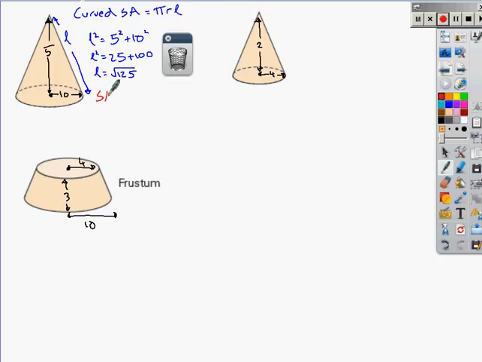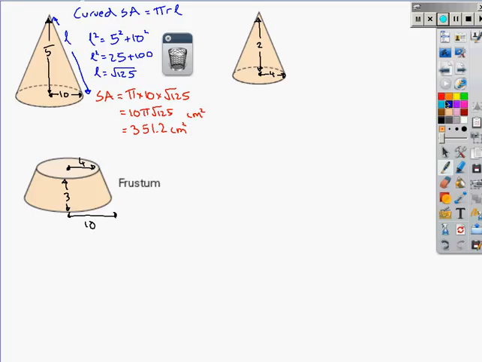So the surface area is equal to pi times r, which is 10, times the square root of 125. And if we want to neaten it up slightly, that would be 10 pi root 125, or as a decimal number, be 351.2, and they'll both be centimetres squared because we're talking about area here.